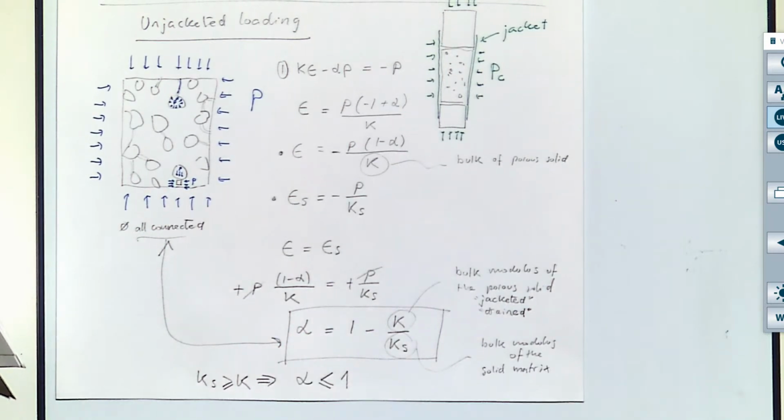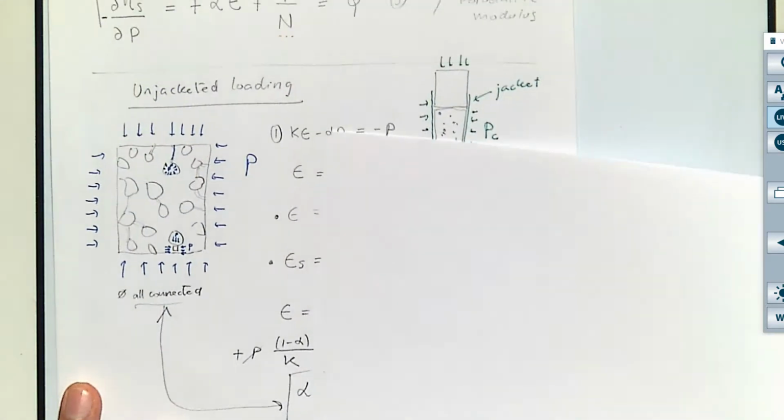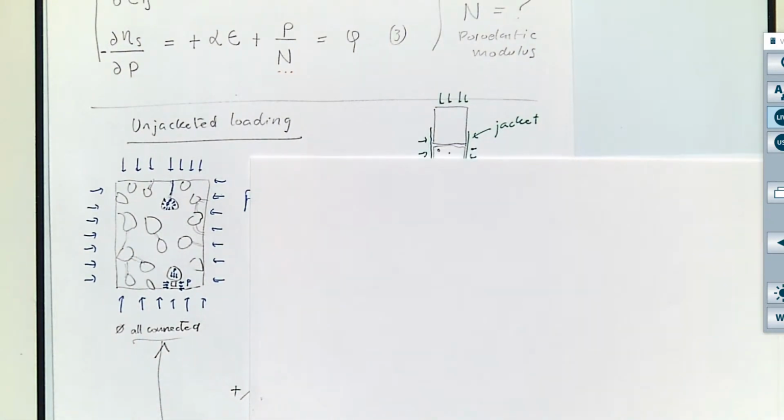Let me improve the resolution of this. Okay, but those are very good questions, and we're going to get a little bit more in detail about that right after we find what this parameter n is. Okay, so I use the first equation to get alpha for this unjacketed loading experiment.